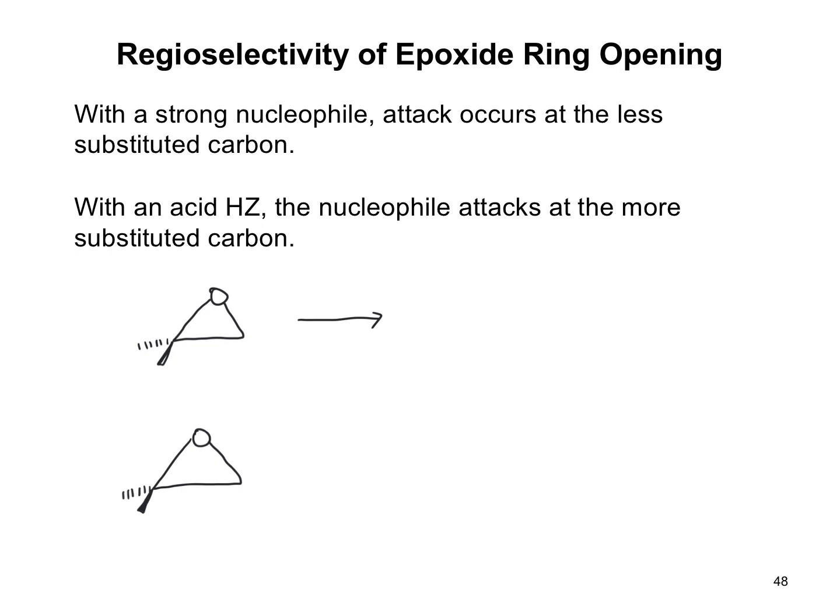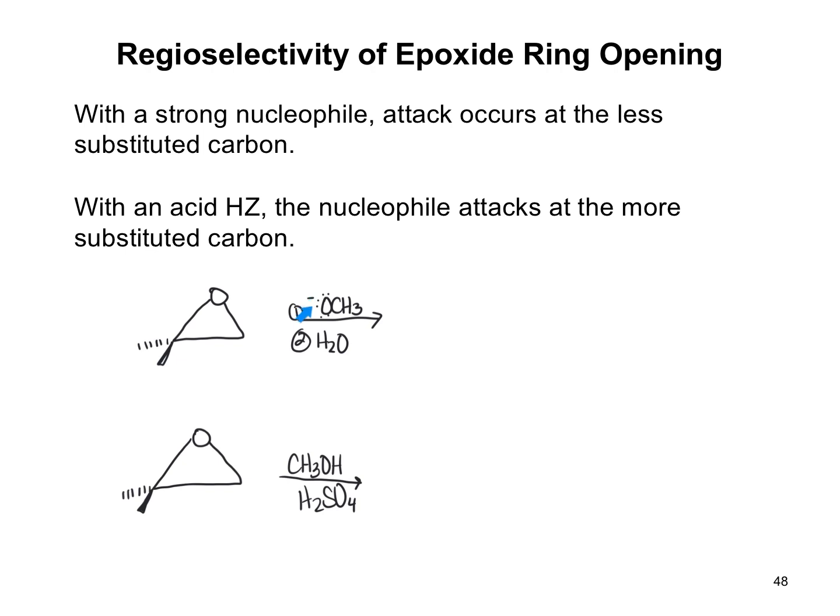And we're going to say, look, we've got OCH3 minus and water, and then we have CH3OH and H2SO4, okay? So, with a strong nucleophile, attack occurs at the less substituted carbon.